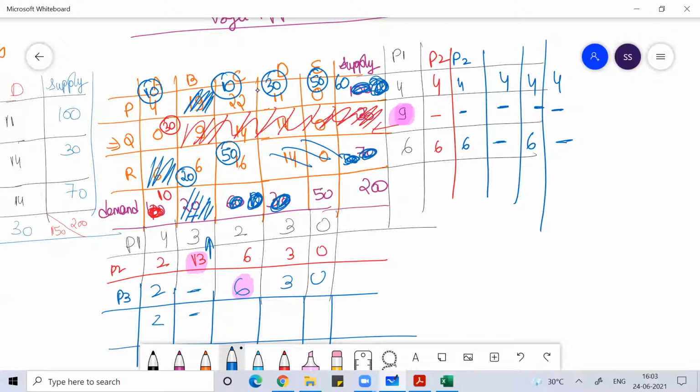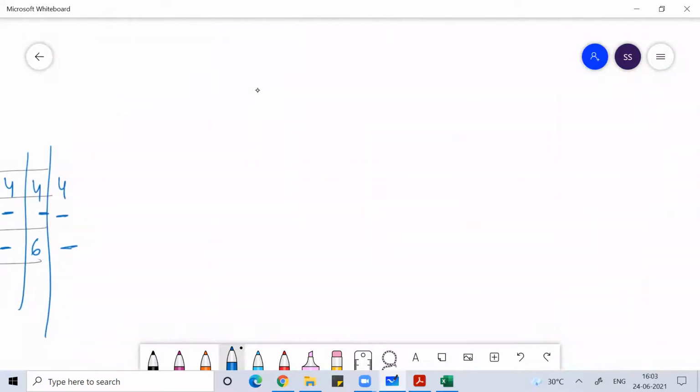Once we got the initial basic feasible solution, we'll check the answer. We'll see the allocation part. Let me write down the values of the matrix.